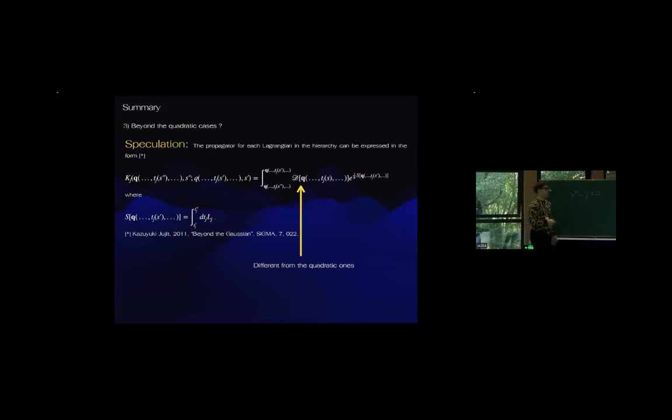This is my speculation. From this paper, it seems there might be a way to do the integration beyond the quadratic one. And this means that there might be a way to construct the propagator beyond the quadratic one, but this density might be different from the standard one. That is the thing.